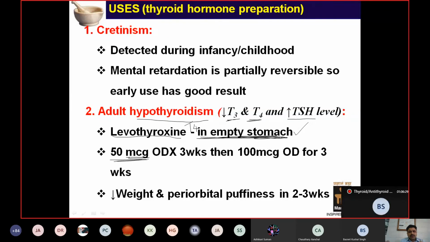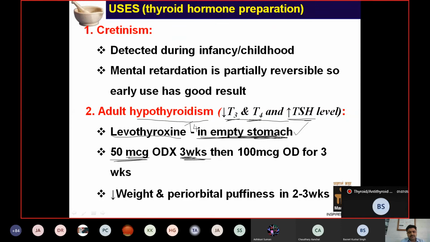Then after 3 weeks, remember, after 3 weeks only, before 3 weeks we don't repeat the test. After 3 weeks again we measure the thyroid function test, T3, T4 or TSH level, and as per that we decide whether to increase or decrease the dose. If this is normal, then we can continue. If T3, T4 level is higher and TSH is lower, then we may have to decrease the dose also.